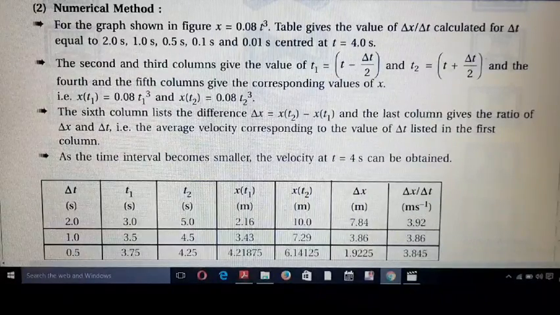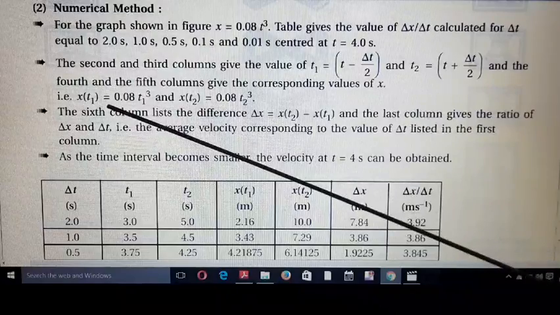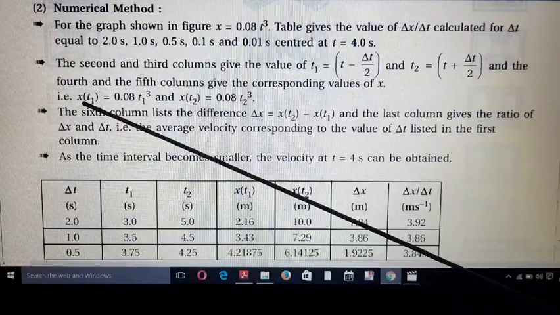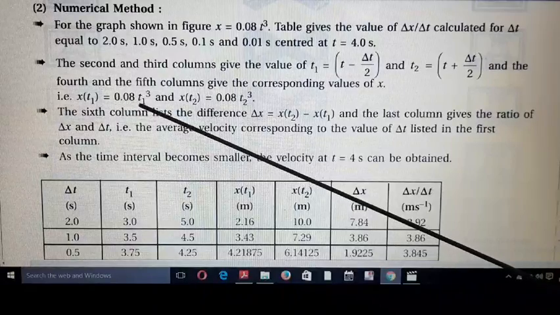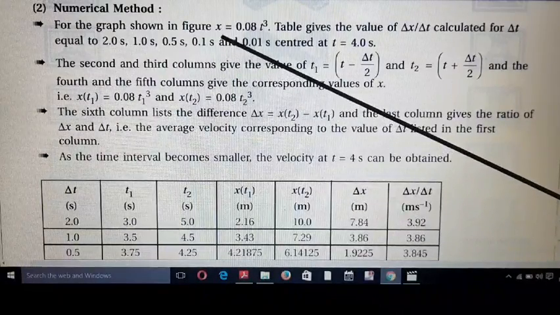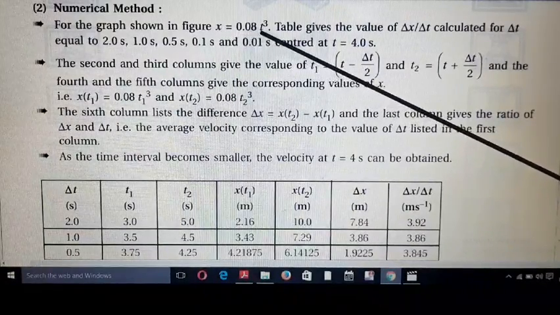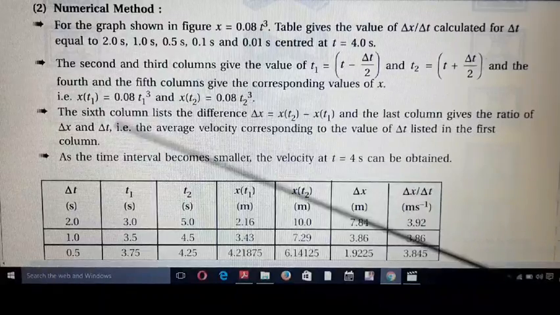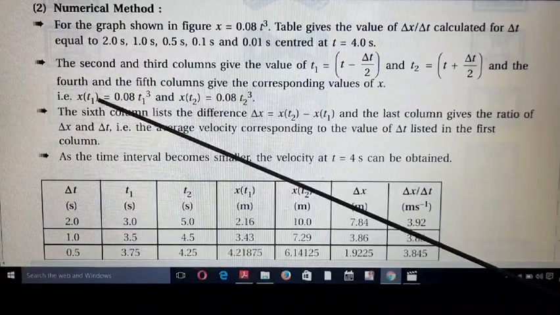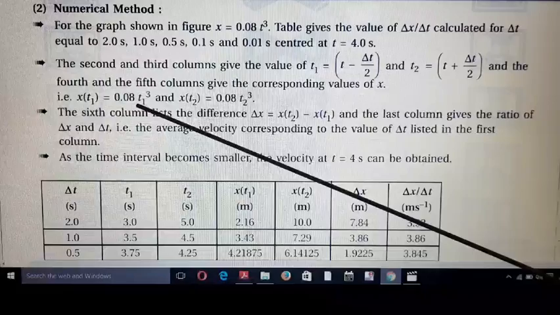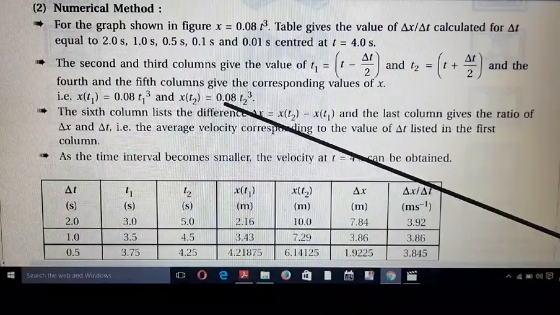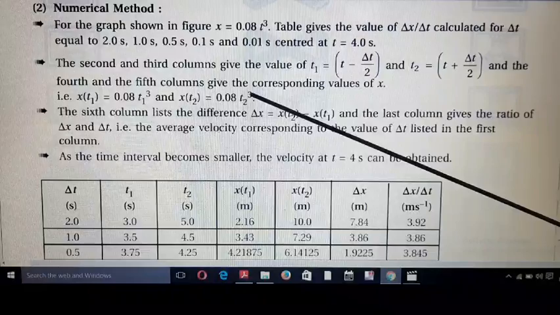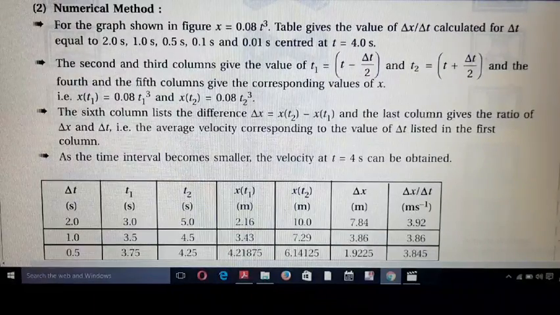First of all, what is the value of x? Here we have the formula x is equal to 0.08 t cube. So for t1 we can write x of t1 is equal to 0.08 t1 cube, and for x of t2, 0.08 t2 cube.